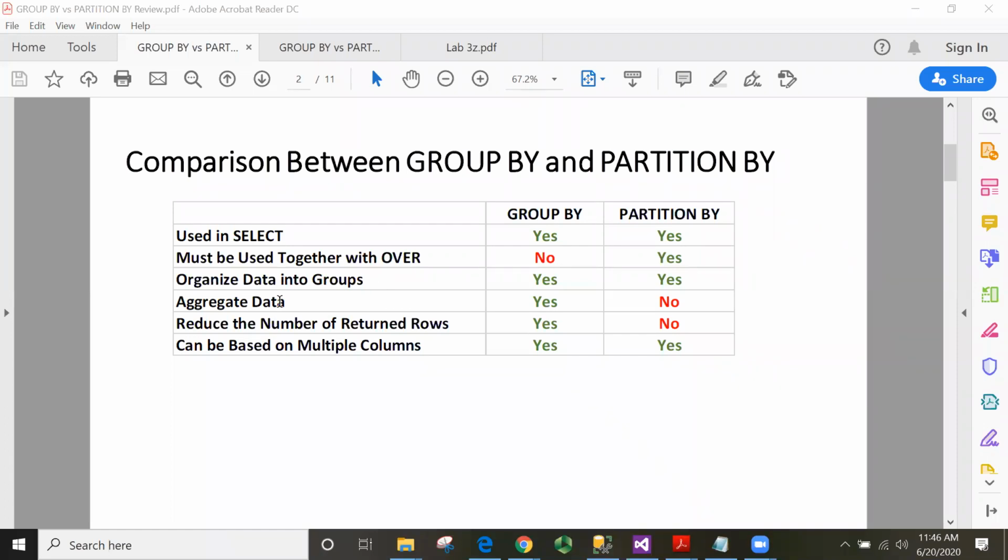If we want to organize data into groups, we have two options: we could use either group by or partition by. To summarize data, we have to use group by, but to organize data into groups, we have some options. So think about all of these available options. What is the best approach?